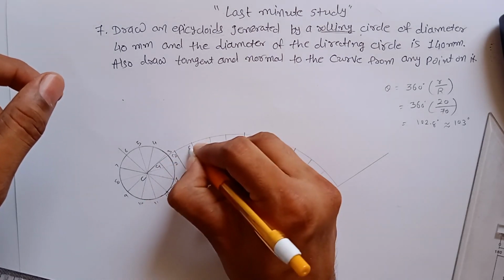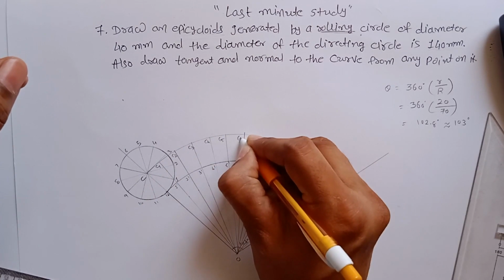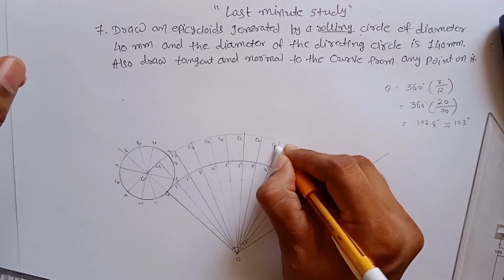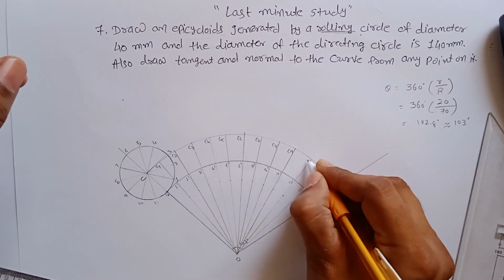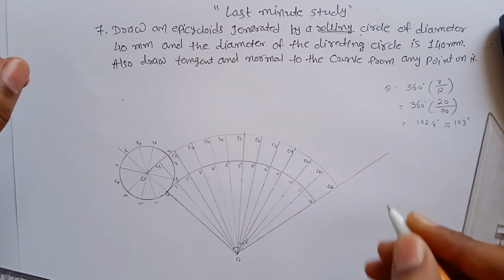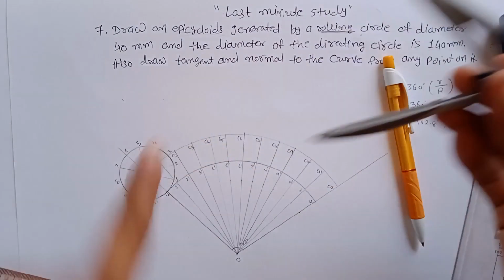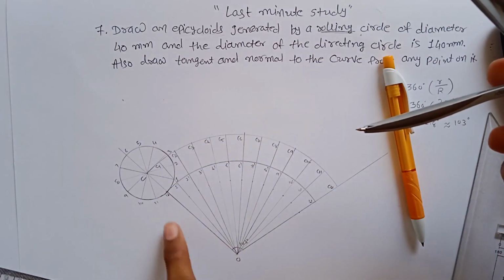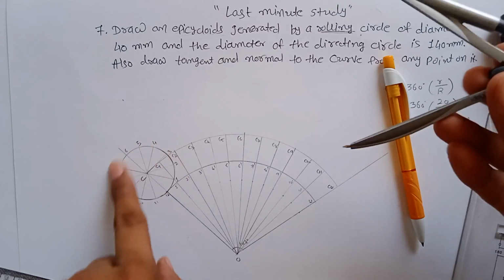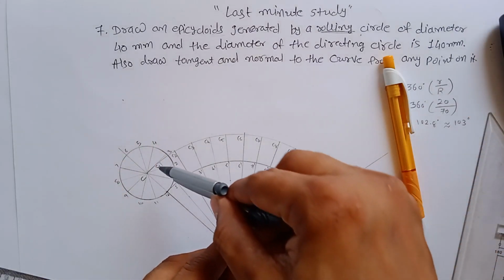This is C2, C3, C4, likewise up to 12. Now draw arcs from each and every point of the circle with O as the center.